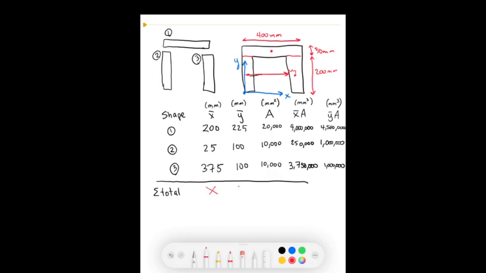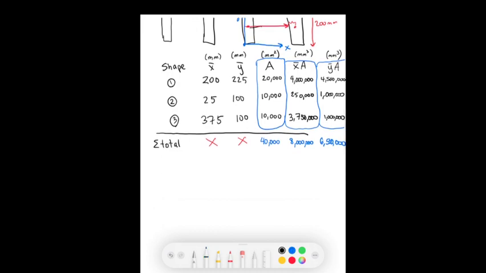Now we don't need this, but we're going to add up the sum of everything in this column. So all of the areas together add up to 40,000. We're going to add all of these up and find the sum of those products, and that's 8 million. And the sum here, 6.5 million.